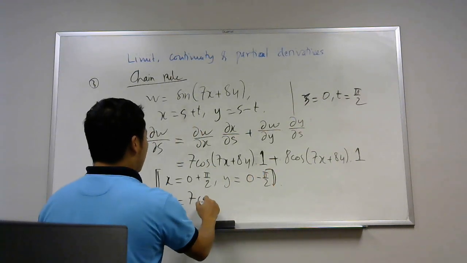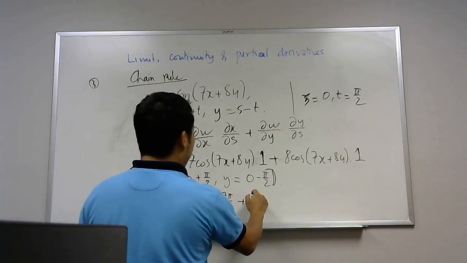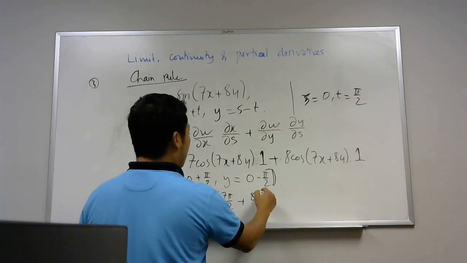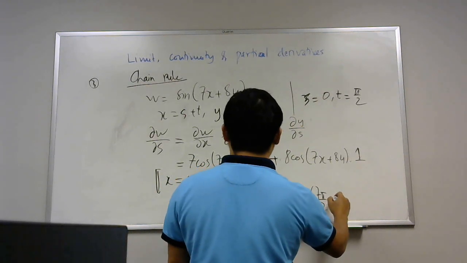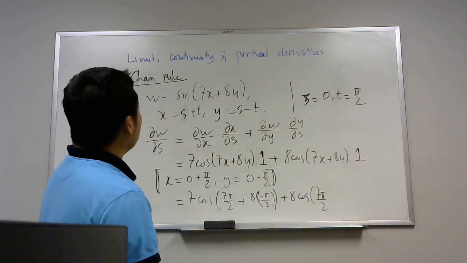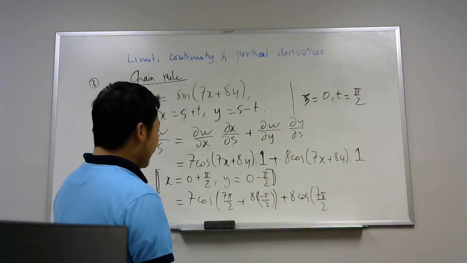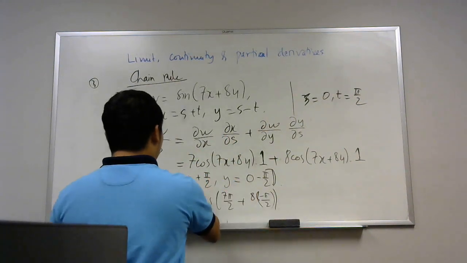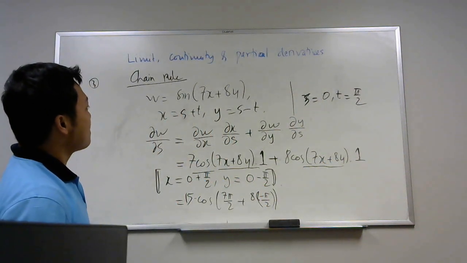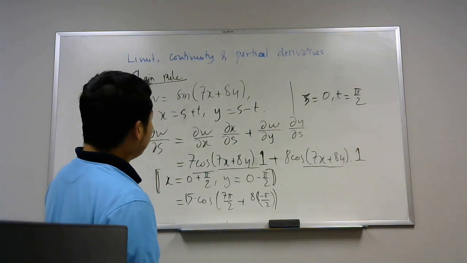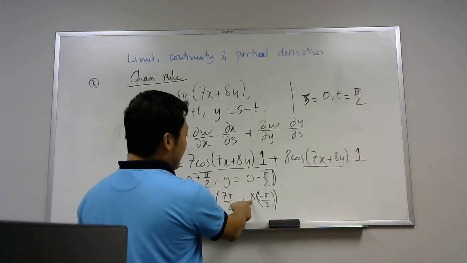So from here I get 7 cosine of (7 pi over 2 minus 8 pi over 2) plus 8 cosine of (7 pi over 2 minus 8 pi over 2). Oh, almost the same. Interesting. So 7 plus 8 is 15, right? So I just write 15 in here because 7 and 8 is 15. And then 7 pi over 2 minus 8 pi over 2 is negative pi over 2, right?